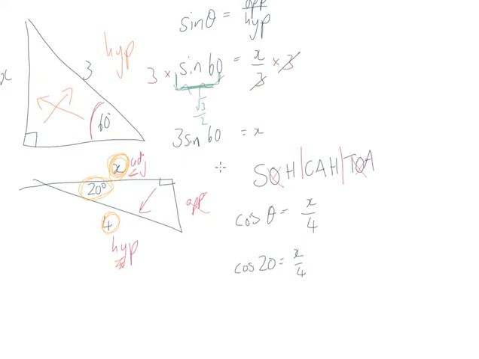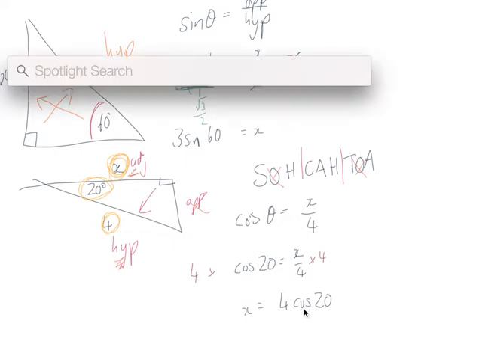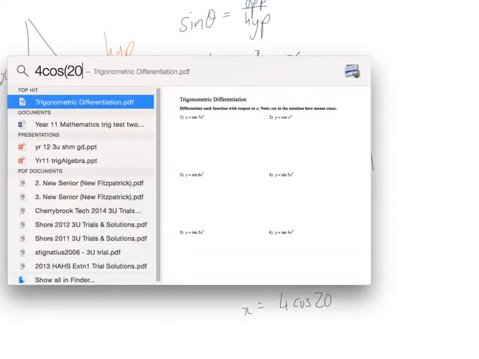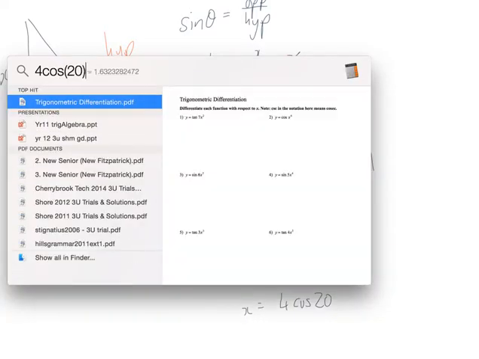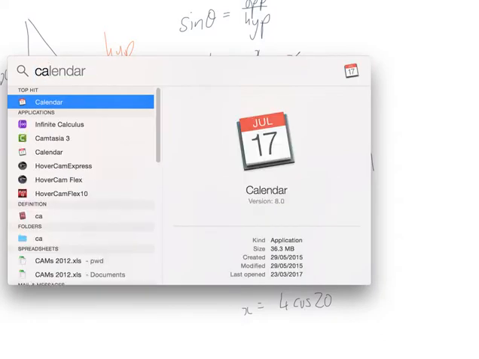But if you want to get x by itself, multiply both sides by 4, so you get x equals 4 cos 20. Put that into a calculator and hopefully you'll get an answer. Let's see if Spotlight can do it. Let's go 4 cos 20. Doesn't like it. Let's just grab my calculator.